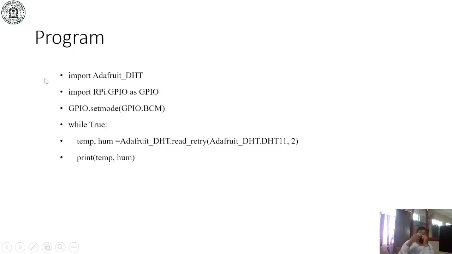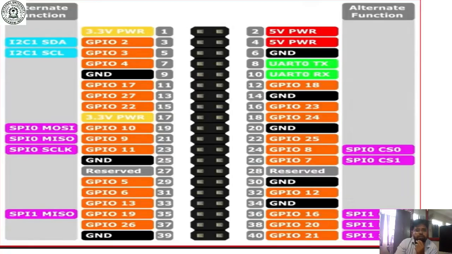Okay, so I have already told you there are two modes when you are using the Raspberry Pi, whether you use the board pin numbers or the BCM pin numbers. For example, if you are talking about GPIO pin number 2, if I have set it as board mode, in that case this is pin number 3.